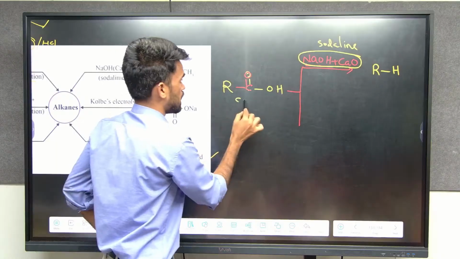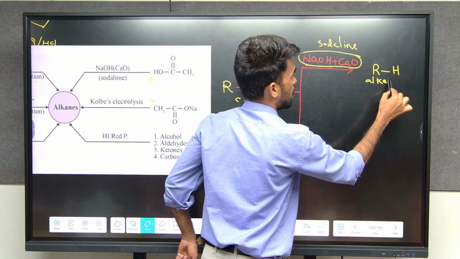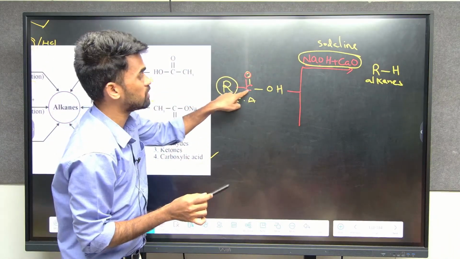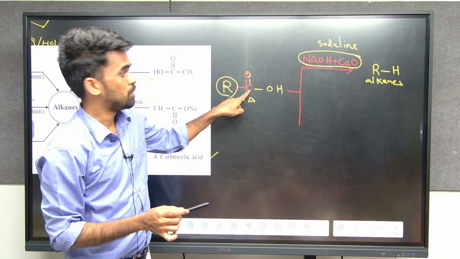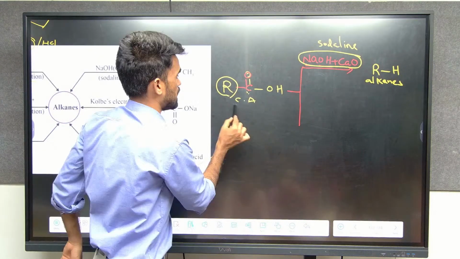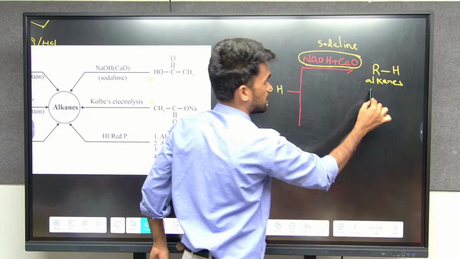Here carboxylic acid is giving alkane. See, how many carbons does the carboxylic acid contain here? This alkyl group along with 1 more carbon. But this carbon is not there in the product. It means if my starting material contains n carbon atoms, my final product contains n minus 1 carbon atoms.